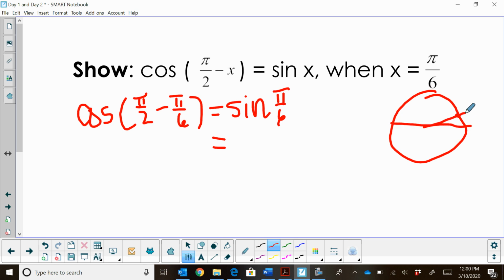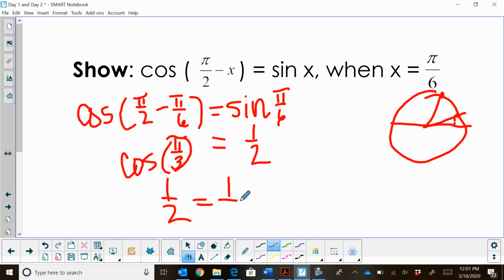Boom, here, our very first spot. The sine is 1/2. Now, let's take 3 pi sixths minus pi sixths, and that gives me 2 pi sixths, which is pi thirds. So what's the cosine of pi thirds? Well, that's, boom, right here. We know that's also 1/2. So we just showed that those two were actually the same value.